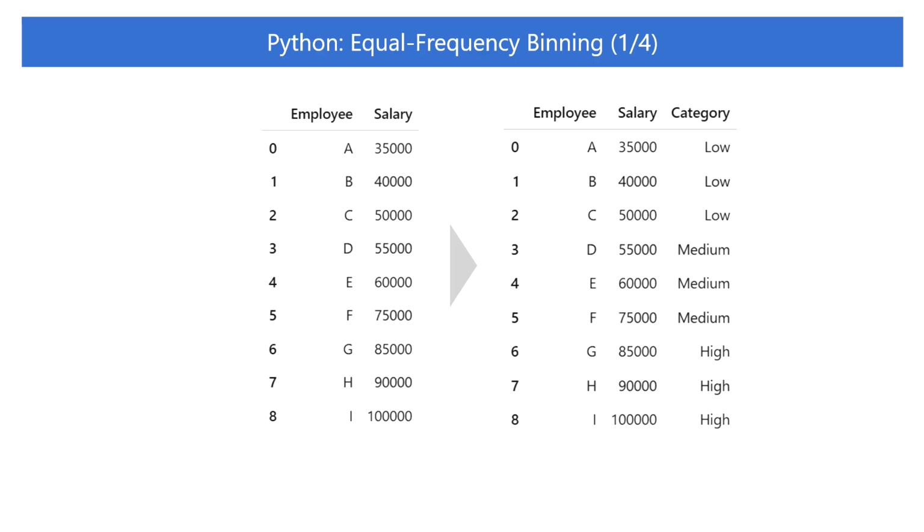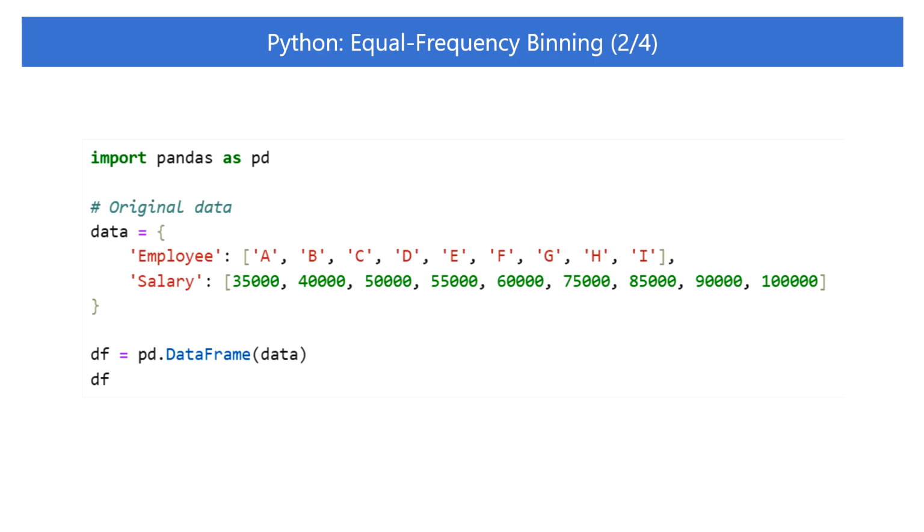Next, let's implement equal frequency binning in Python. Let's use this dataset that records each employee's salary. Using Python, we will apply equal frequency binning and obtain this result. First, import pandas.